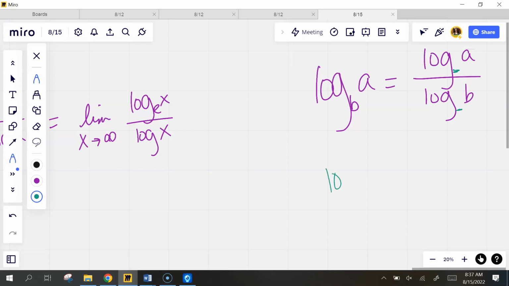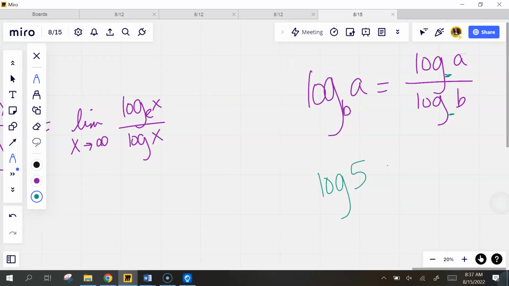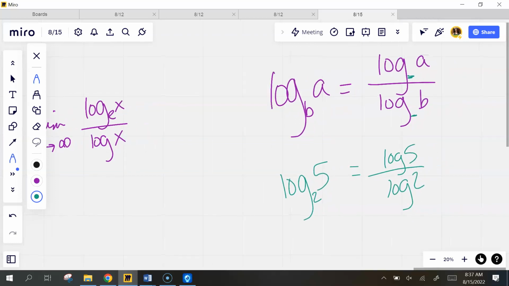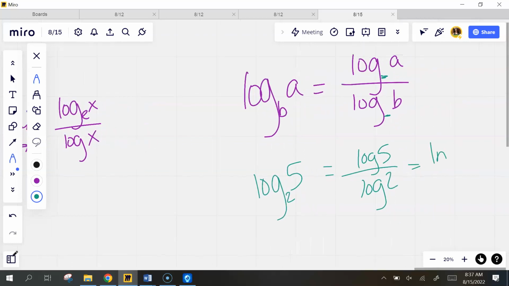I said, well, if you've got a calculator, then what's log base 2 of 5? You could rewrite that as log 5 divided by log 2 and get an answer because your calculator will do base 10. But we said it doesn't really matter what base you use. You can rewrite it.